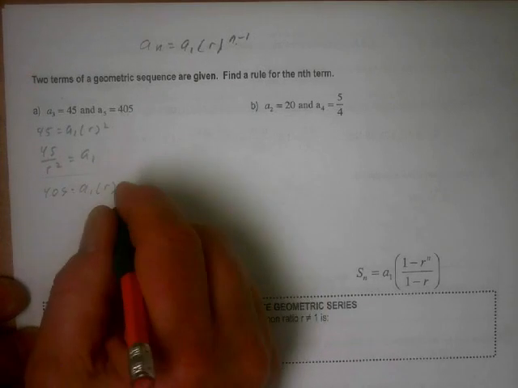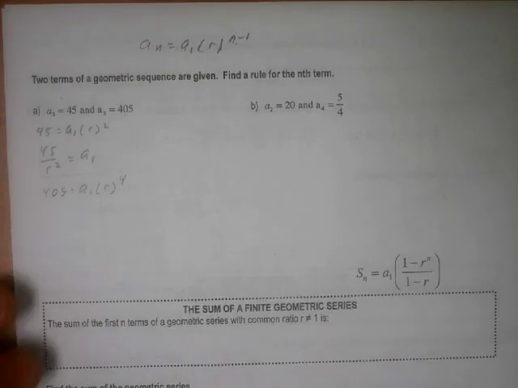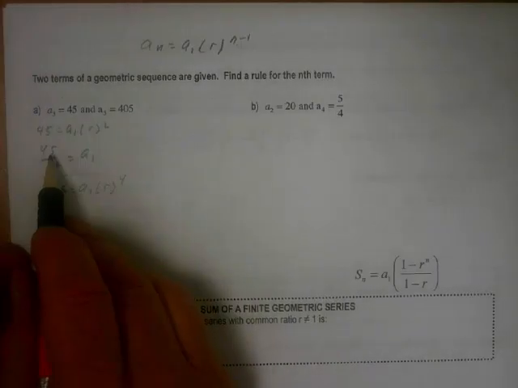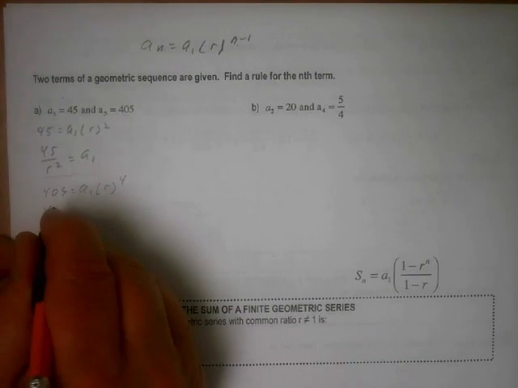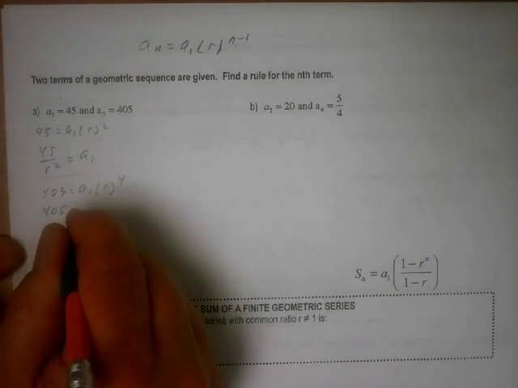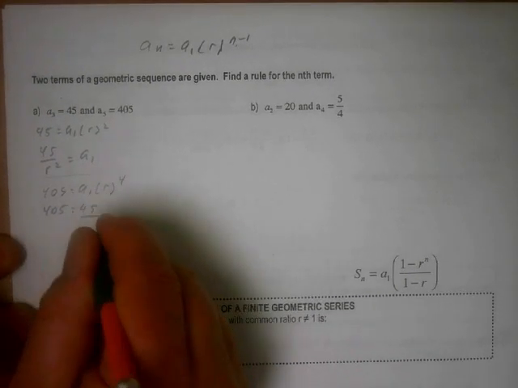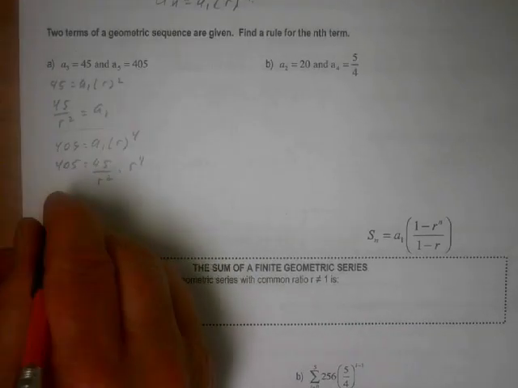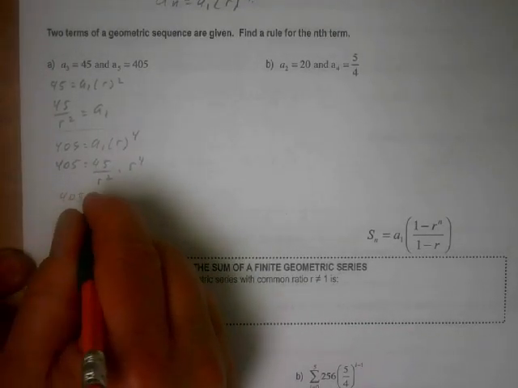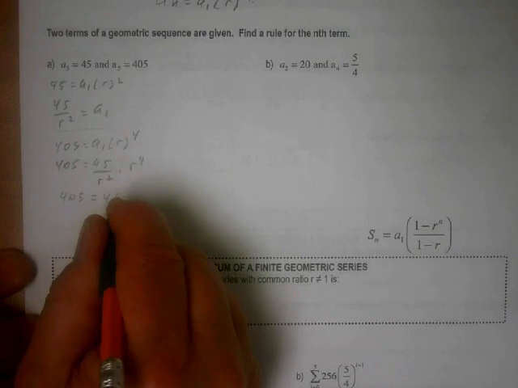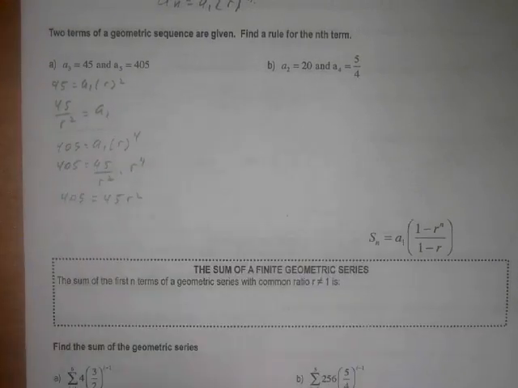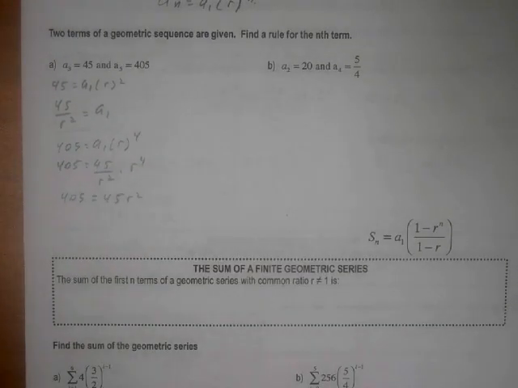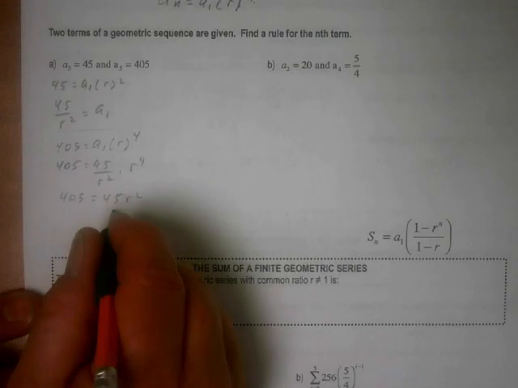405 equals a sub 1 times r raised to the 4th power. Notice a sub 1 is 45 over r squared. So 405 equals 45 over r squared times r to the 4th. 405 equals 45 times r squared.